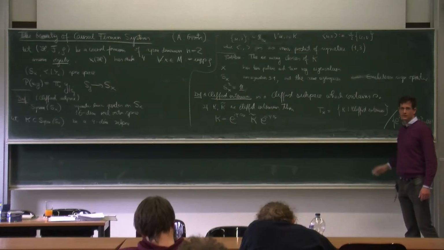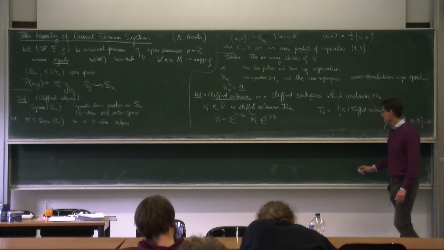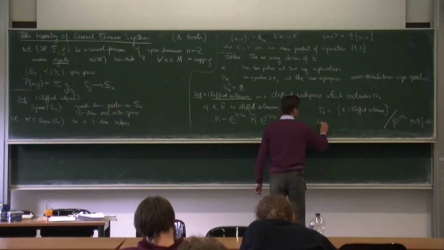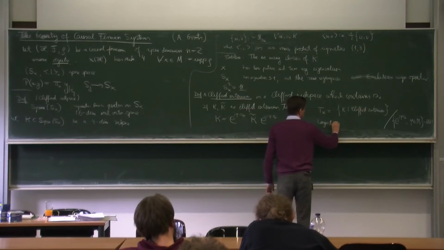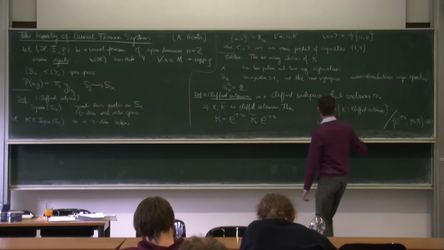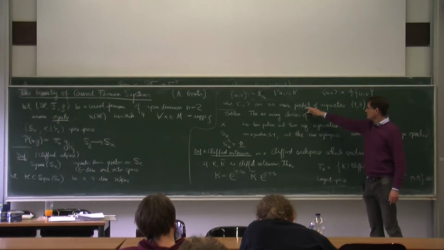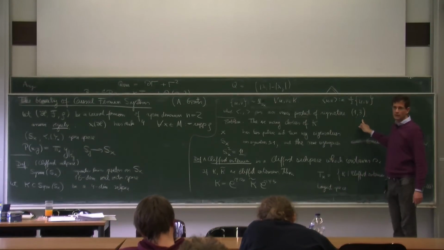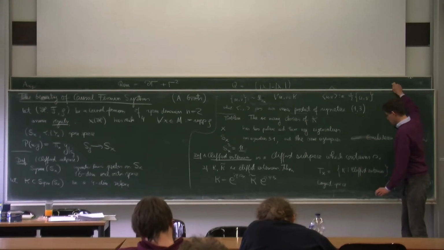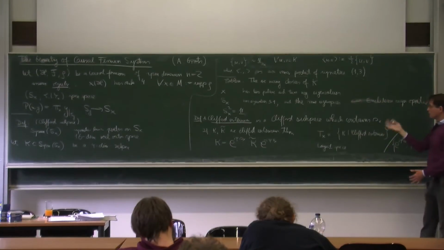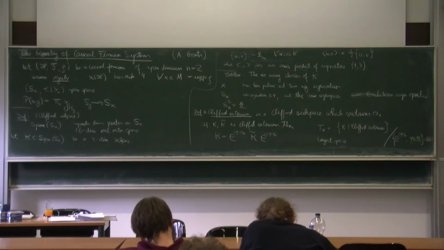This is what the tangent space is. What's nice is that the tangent space carries an inner product of signature 1,3, so you can say this is Minkowski space locally. What is not so nice is that it's a whole equivalence class.